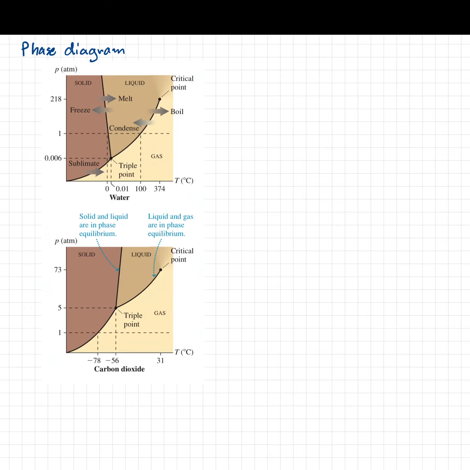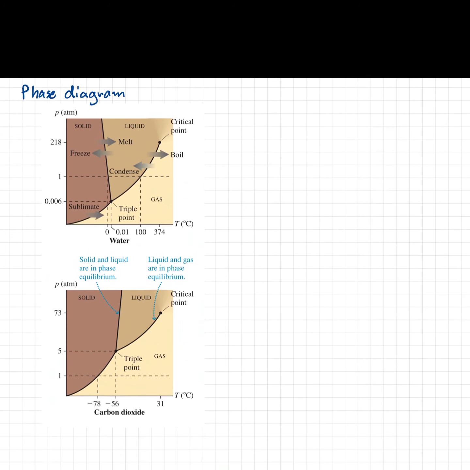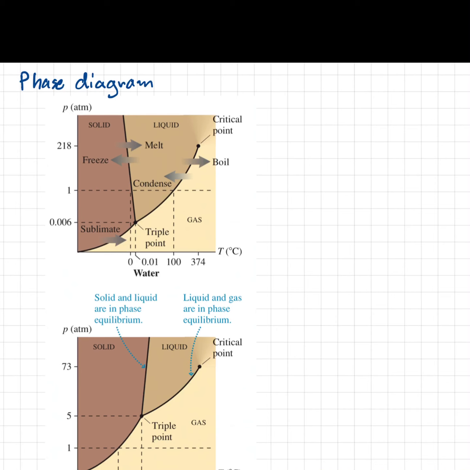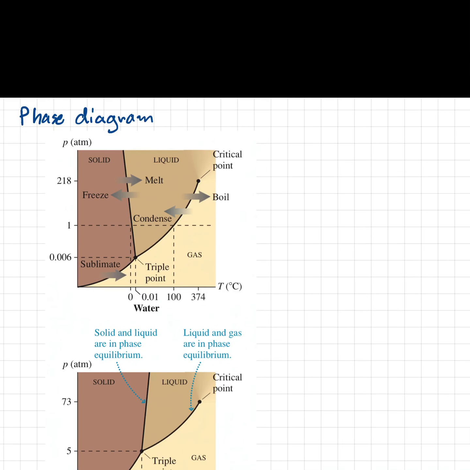Okay, so let's look at this phase diagram. The first one we see here is for water. So we know already that water has three phases, which is solid, let me zoom in a little bit, that's essentially ice. And then liquid, that's normal water.